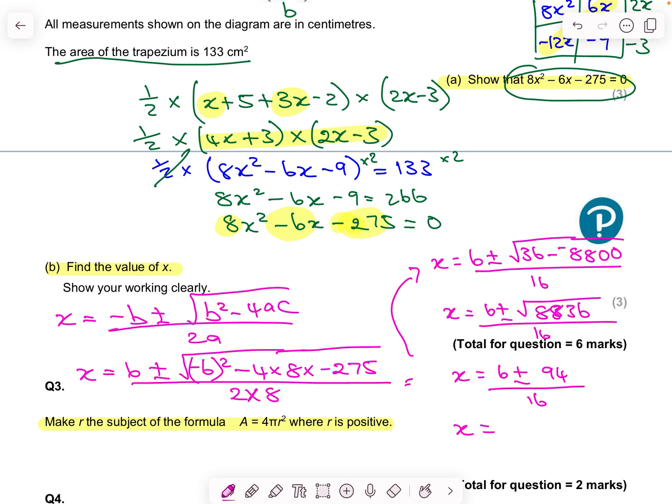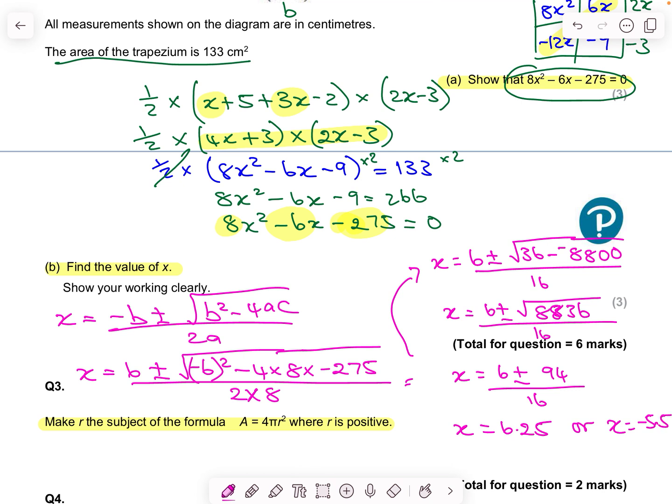It gives us 6.25, or 6 take away 94 divided by 16, which gives us x equals minus 5.5.